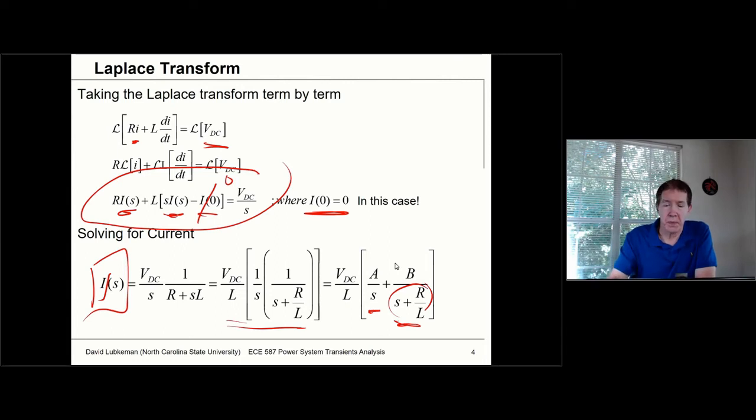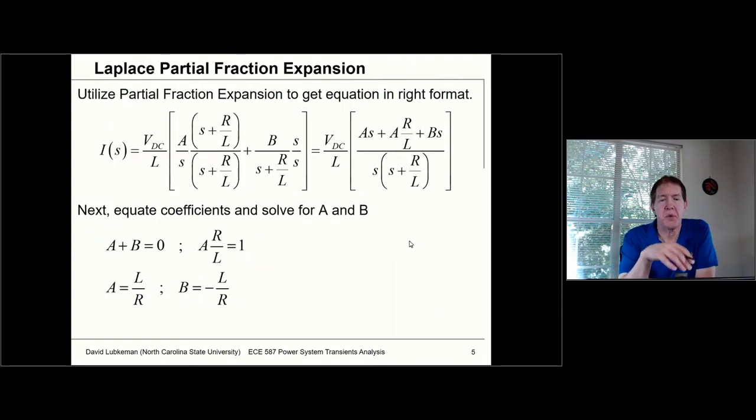And so in order to keep moving forward, I need to solve for A and B. This is where you need to apply what we call partial fraction expansion.